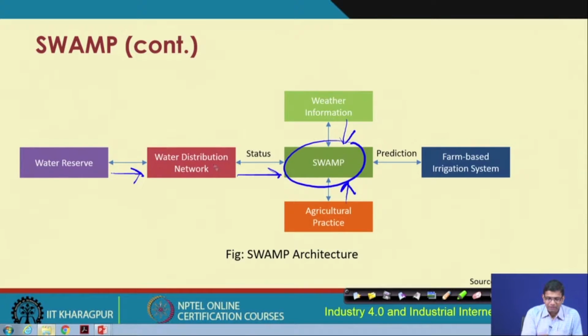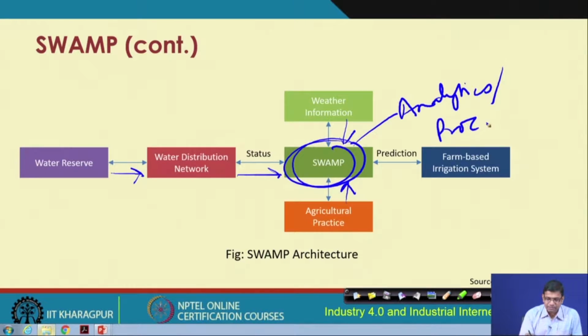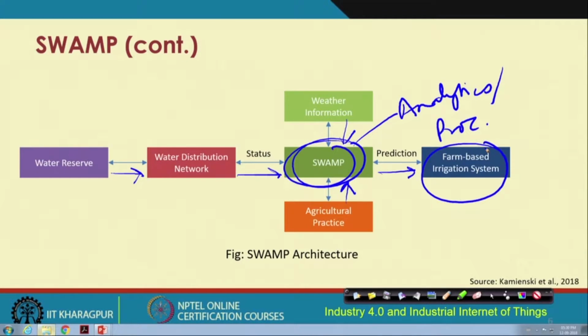Everything is fed together at SWAMP, and decisions are made. Decisions mean, again, the use of analytics and processing, and these will help in making different predictions with respect to farm based irrigation: when to irrigate, what to irrigate, which equipments will be better, and so on. All of these things can be done with the help of SWAMP and similar other architectures for precision agriculture.